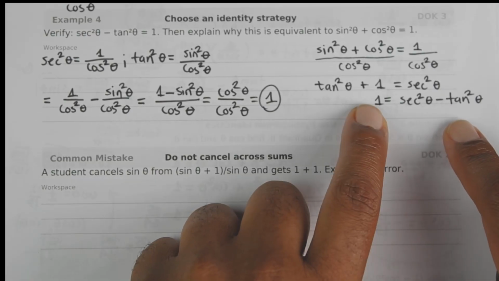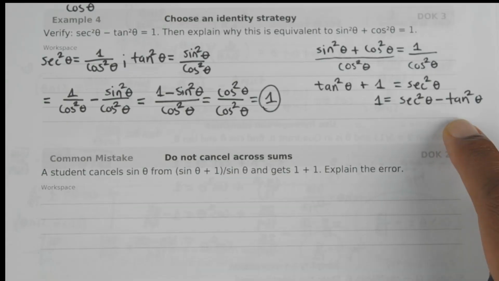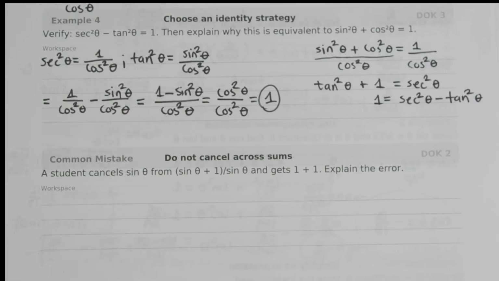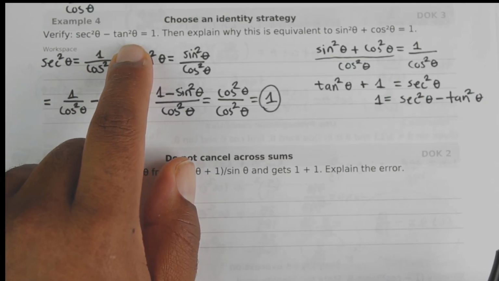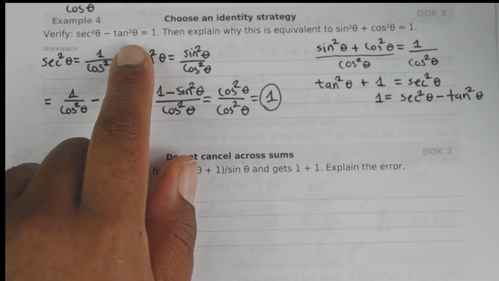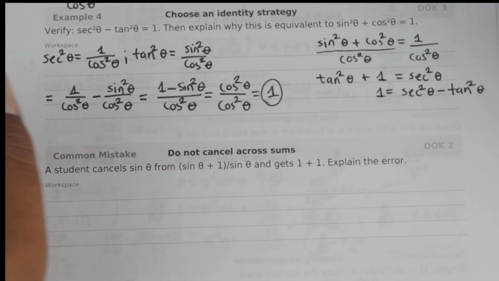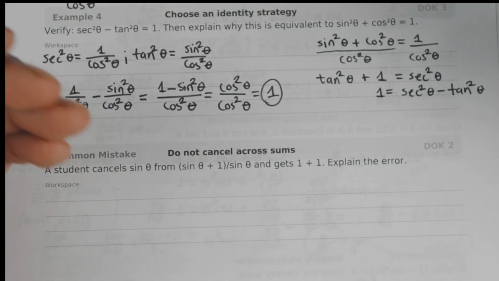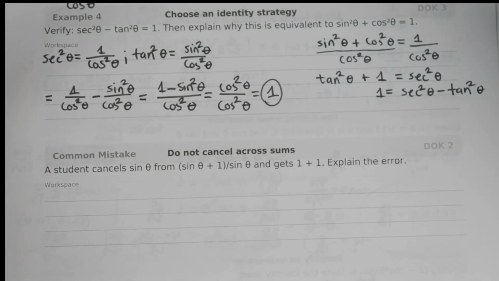So notice, secant squared theta minus tan squared theta equal to 1 is essentially just another form of the same trigonometric identity known as the Pythagorean identity.